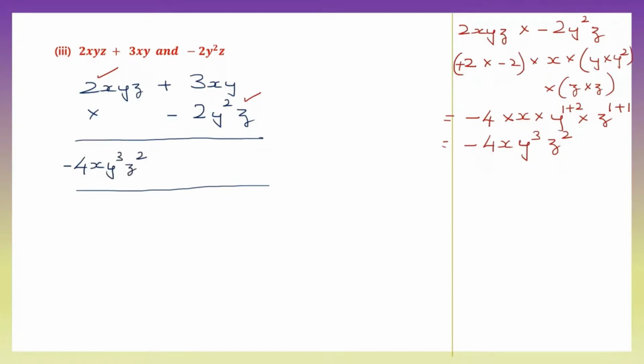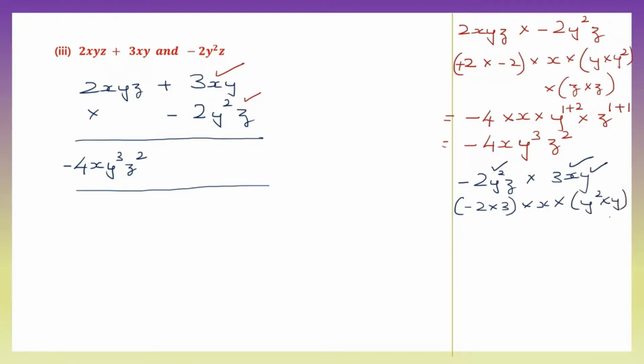Now let's take minus 2y square z and 3xy and multiply those two. So that becomes minus 2y square z into 3xy. First let's take the numbers, minus 2 into 3. Then let's take x, there's only one x this side. Now let's take the y: here I have y square and there I have y, so y square into y.